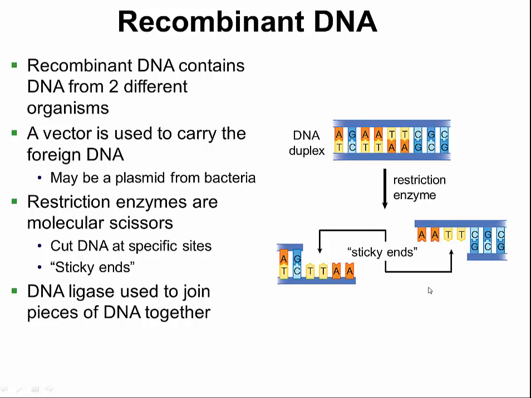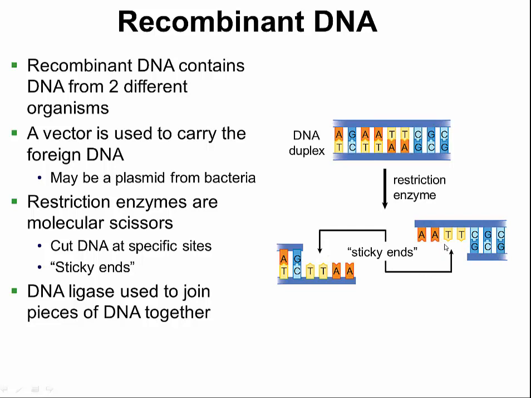What this means is that if we use the same restriction enzyme to cut, for instance, DNA from a cow, if the cow DNA is on the right, and DNA from a bacteria, if the bacterium DNA is on the left, then we can recombine the DNA from the cow here and the bacterium here because of this overhang, these so-called sticky ends. The DNA will spontaneously glue itself back together.